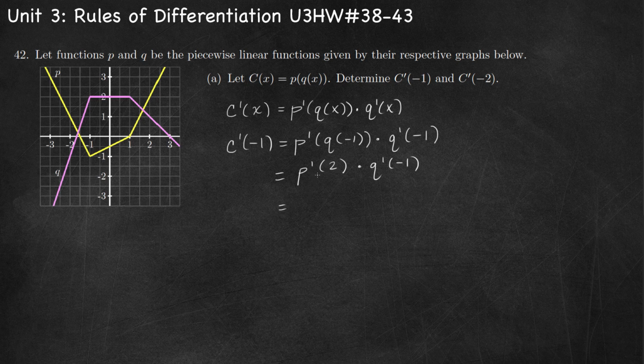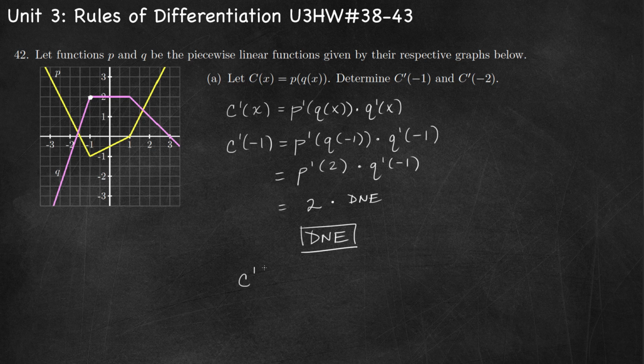Now p prime of 2 will be the slope of p at 2. So the slope at this point is 2 times q prime of negative 1. So at negative 1, we look at the derivative or the slope of q. But at negative 1, this derivative doesn't exist. That's a corner point. Does not exist. So this whole thing does not exist.